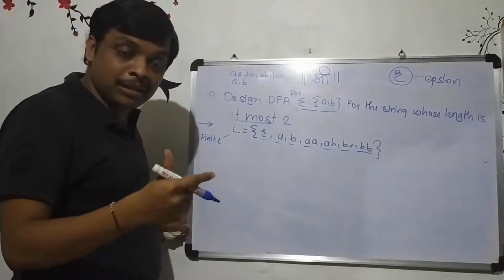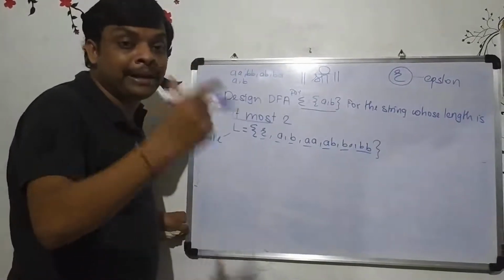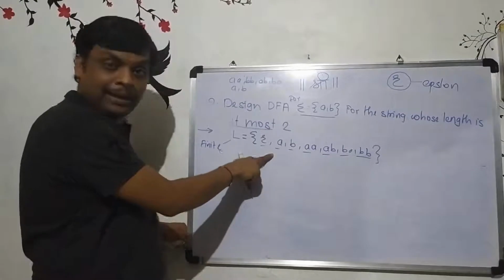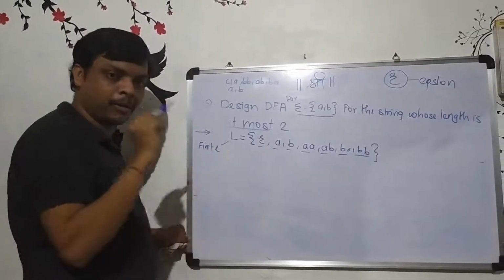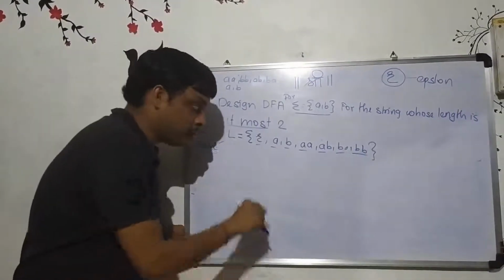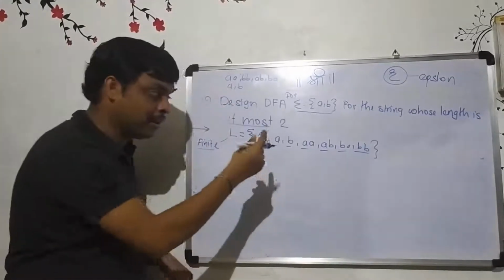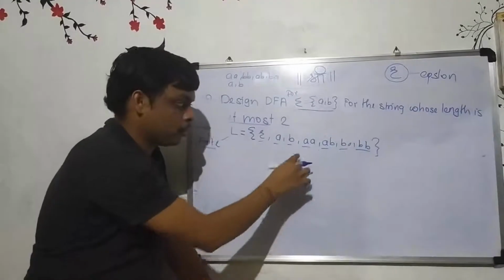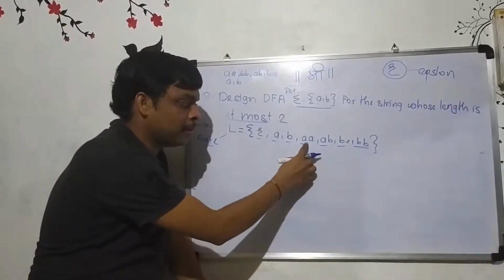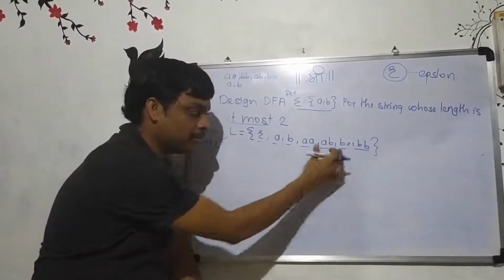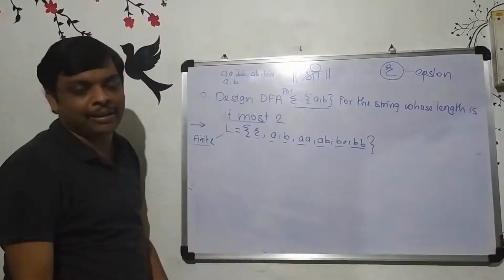Now this is a finite language, and why I have already discussed. So whenever you are dealing with a finite language, you have to consider the string with the longest length. How many strings are there with the longest length? There are 4 strings of length 2, and 2 is the highest length here.